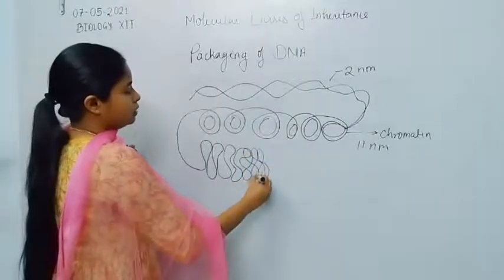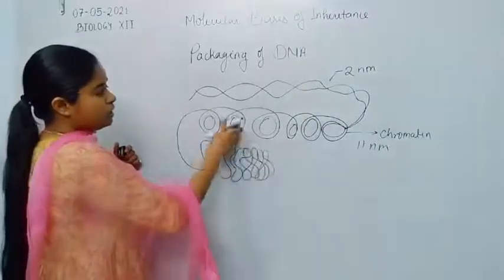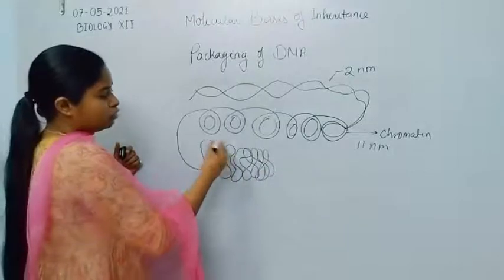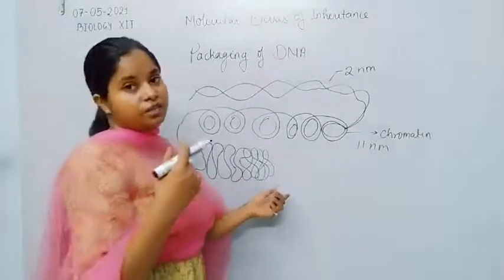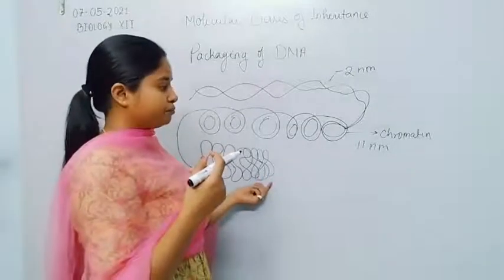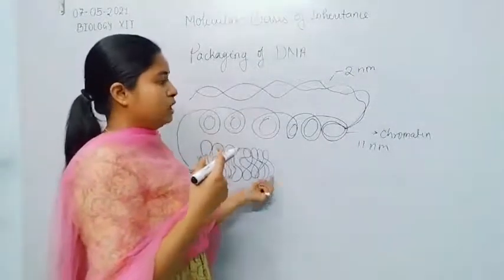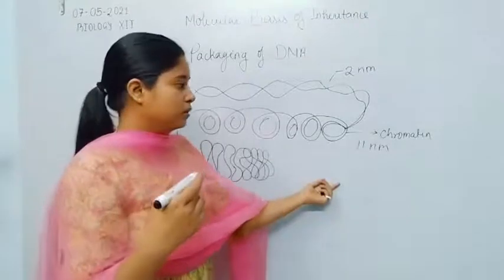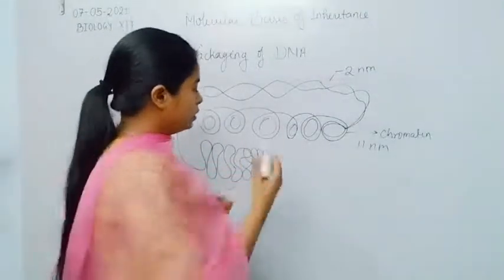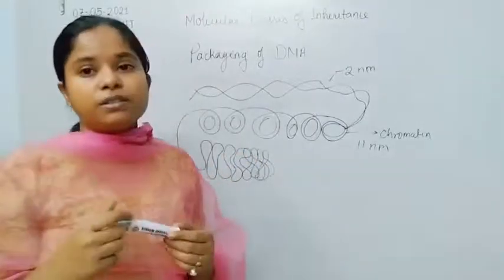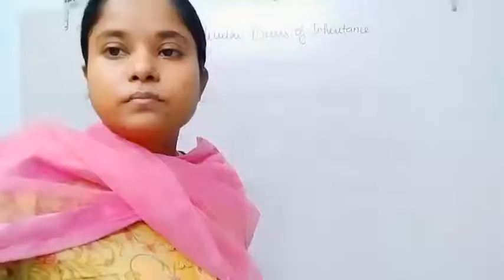Here are the nucleosomes. Actually, the nucleosomes are arranged in the solenoid structure, and the width changes from 11 nanometers to approximately 200 nanometers.